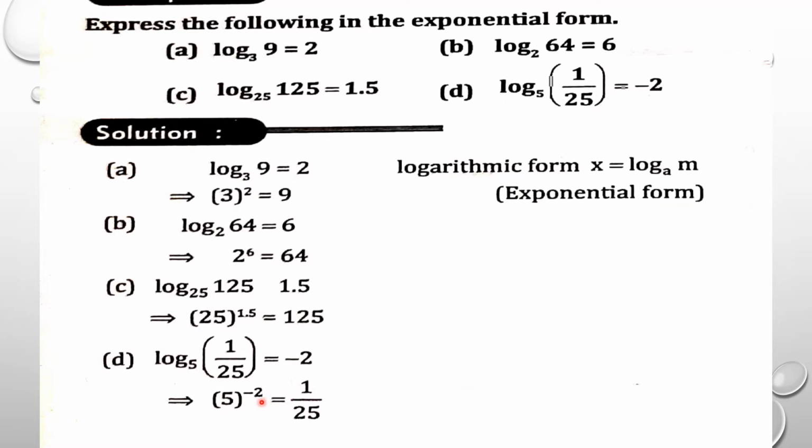It is not minus 25, because you have the power of minus 2, so instead you write 1 divided by 25. This is how you convert from logarithm to exponential. Be careful: the base becomes the base, the value becomes the power's result, so base to the power equals the value.